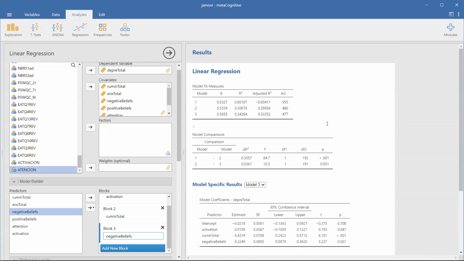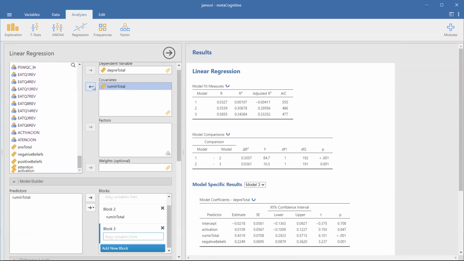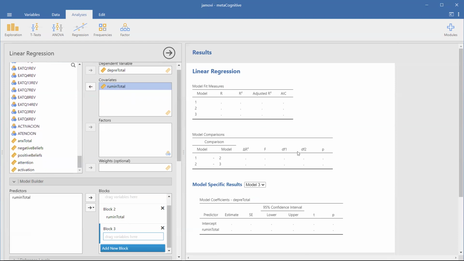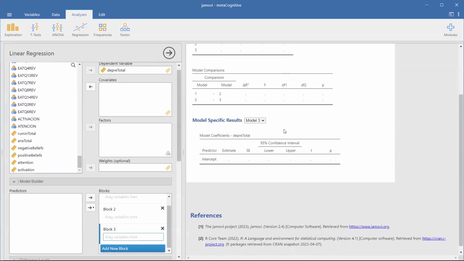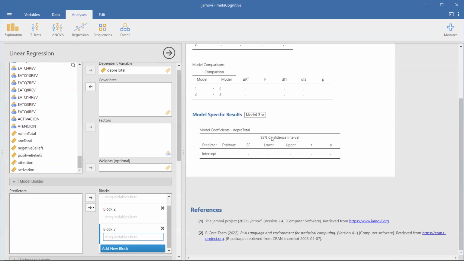So yeah, Jamovi provides the same information. The only thing that I don't know is how to estimate a model with only the intercept. Let me check. I don't know if it will allow me to do that. The intercept model only. Let me double check. No, it doesn't do it by default.